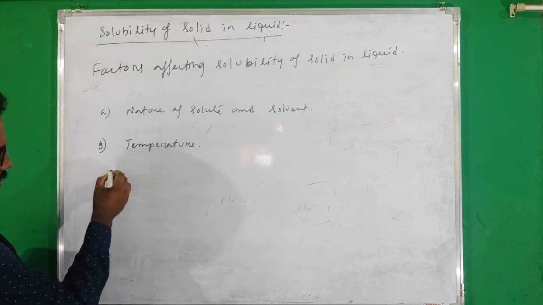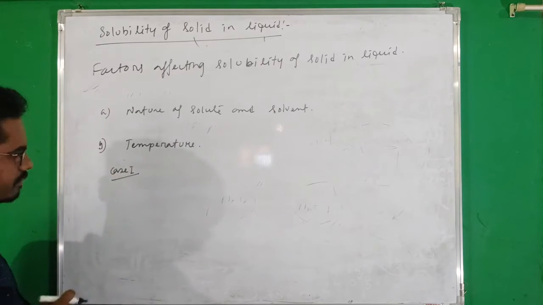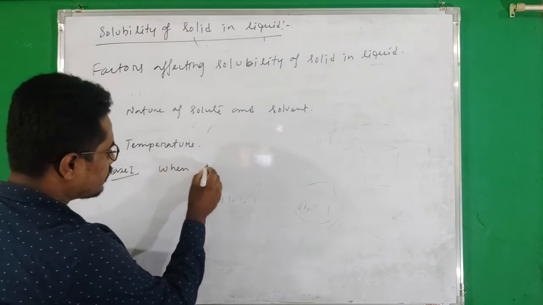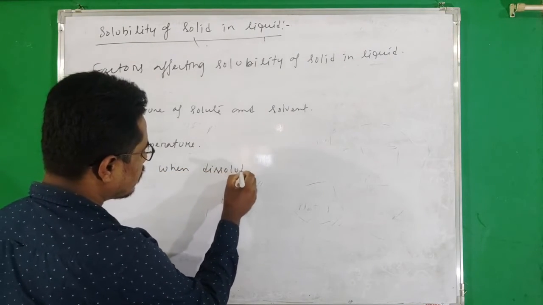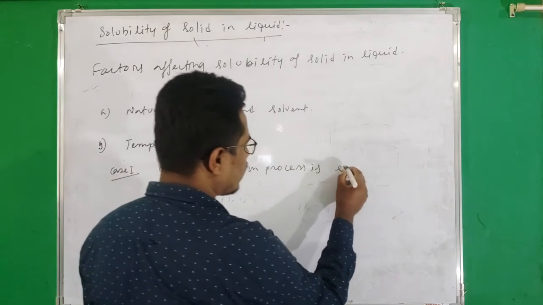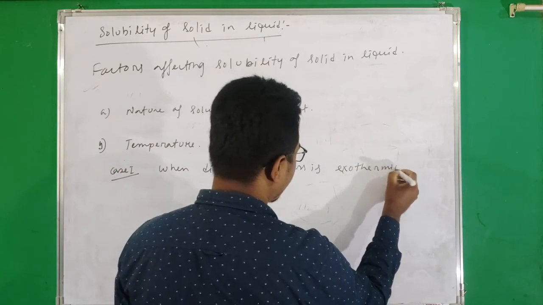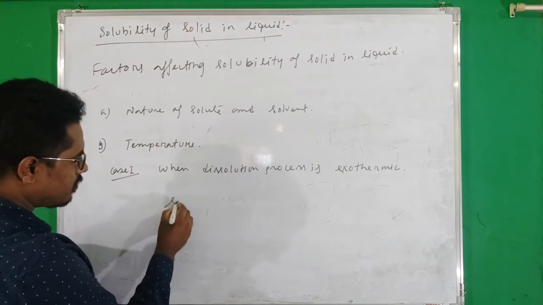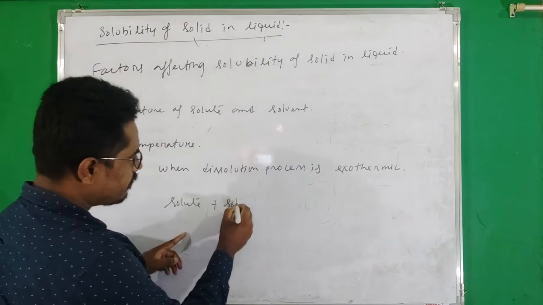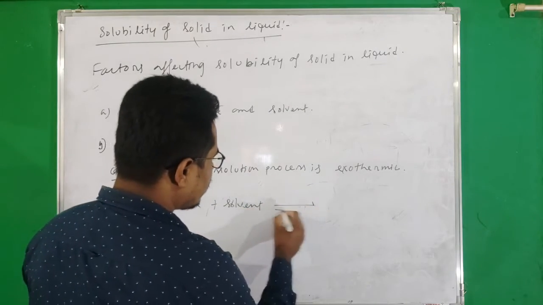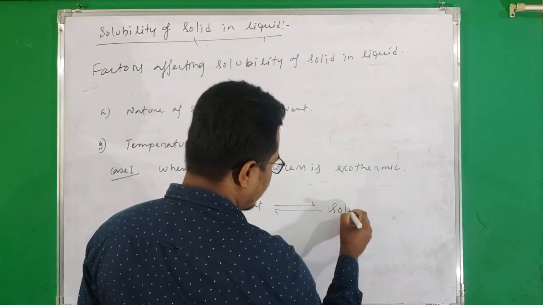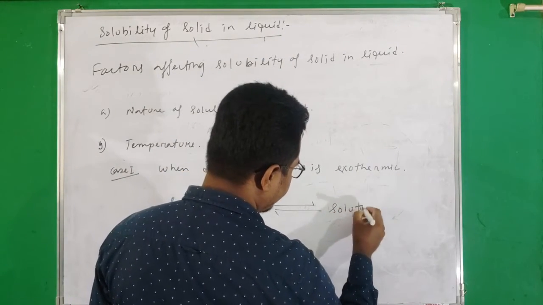Okay. So here there will be two cases. The first case, when the dissolution process is exothermic. Okay, so that means when we add solute with the solvent, dynamic equilibrium will establish and the solution will be obtained.